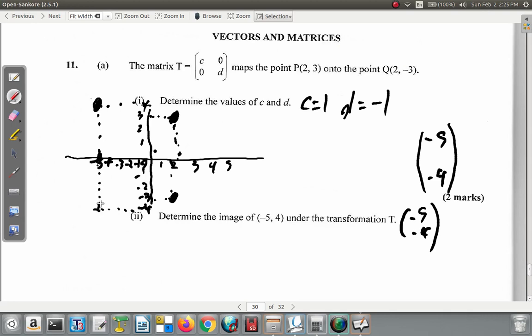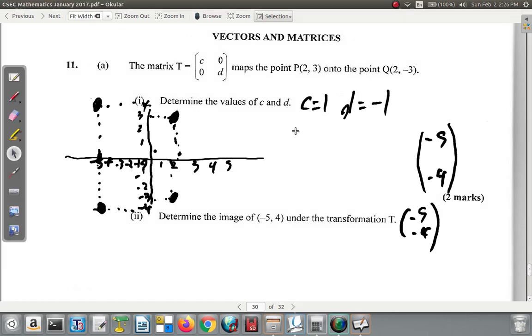Again, the point is reflected over the x-axis. It reflected (2, 3) from here to come down here at (2, -3). It reflected (-5, 4) from up here to (-5, -4), which is down here, both of them over the x-axis.